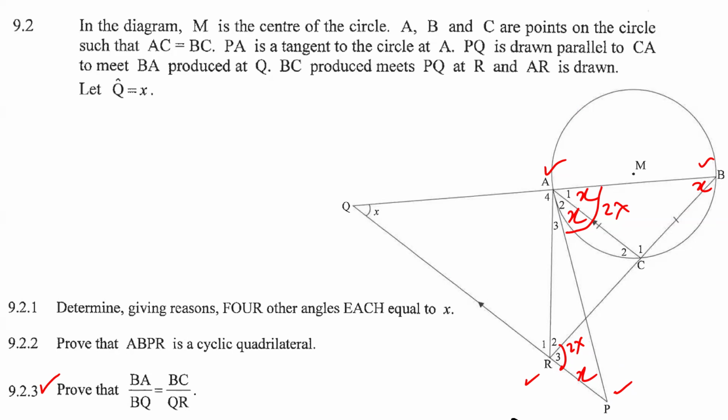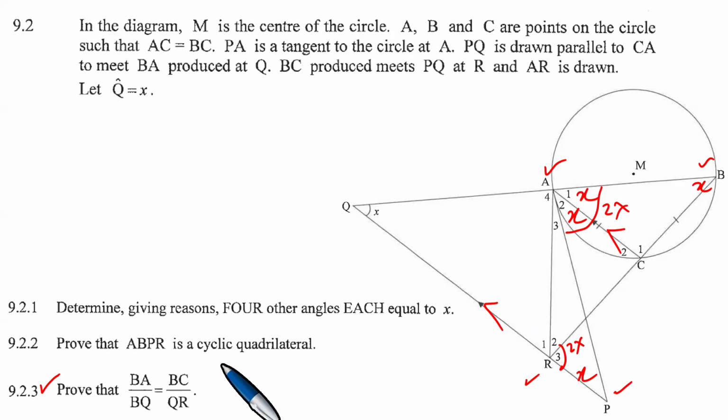Just look at BA over BQ, BA over BQ, BC over BR. You already have that this is part of this.